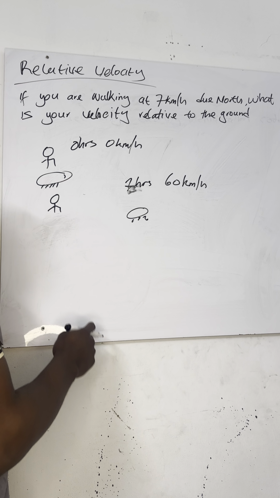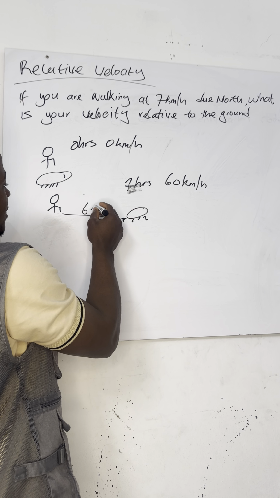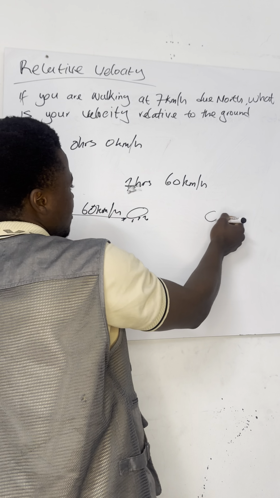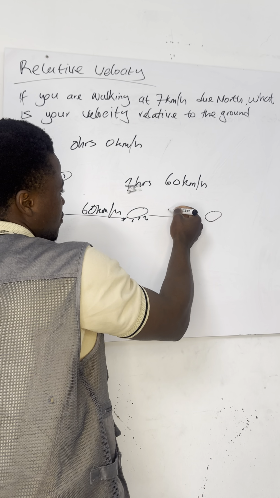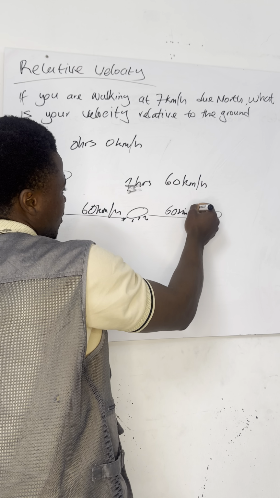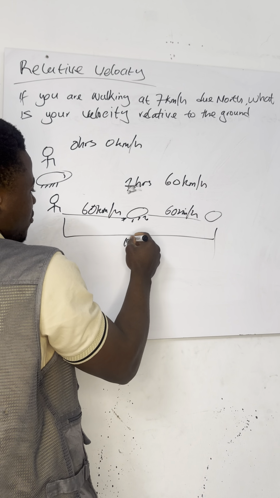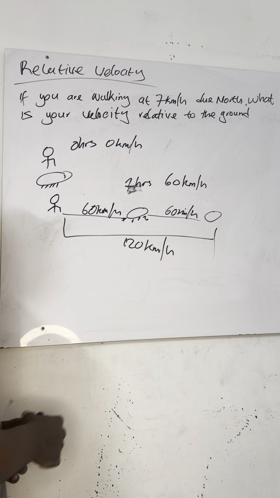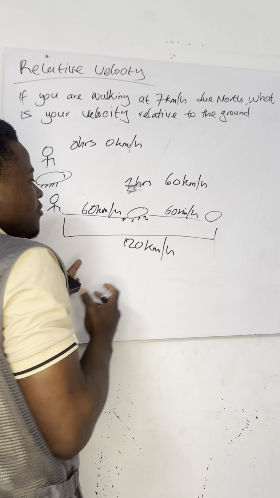That means as it increases, here it's 60 kilometers, and when it reaches here, it's double the time. Here is also 60 kilometers per hour. So if you want to calculate the relative velocity, it's going to be 120 kilometers per hour, the distance at which the train has moved away from you.